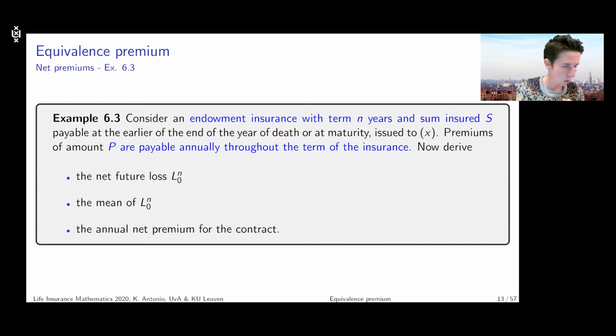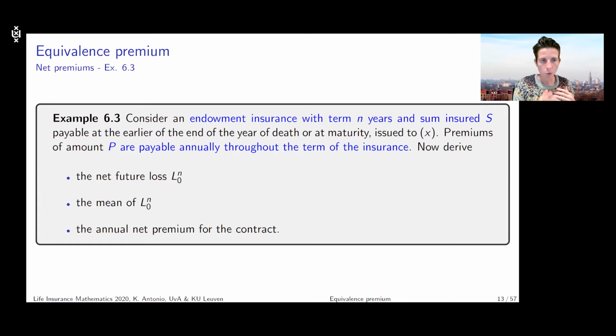We're going to start with an endowment insurance with a term of n years, and we've got a sum insured equal to S, which is payable at the earliest of the end of the year of death or at maturity.